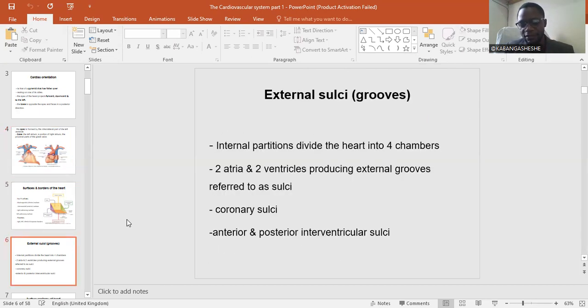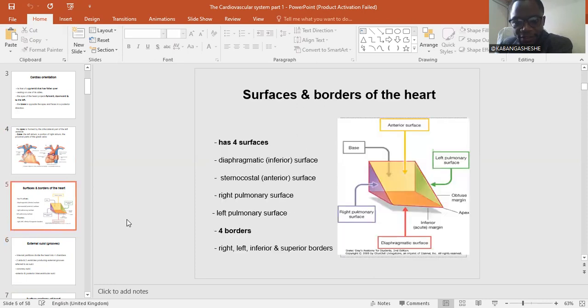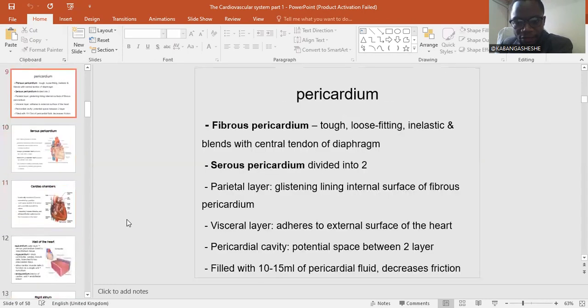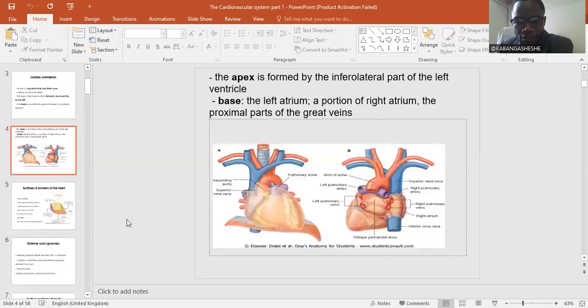Okay. Other features prominent on the heart are sulcus or grooves. So in total, there are 4 sulcus and grooves. So these are shallow depressions found on the heart. So I'll use the same diagram of the heart to explain these grooves and sulcus. So this is the right ventricle, this is the left ventricle.